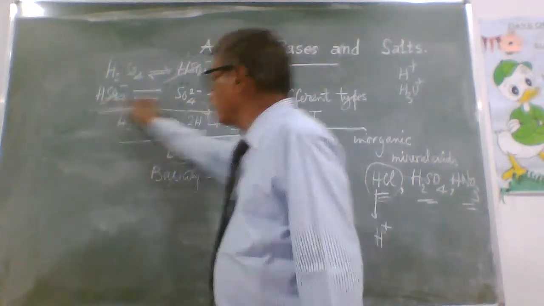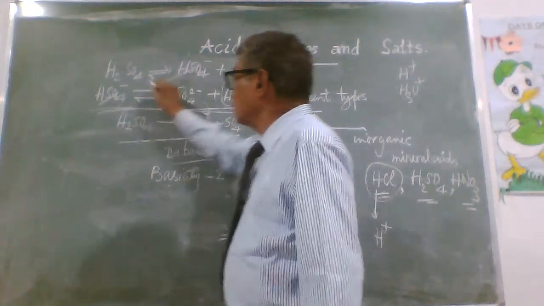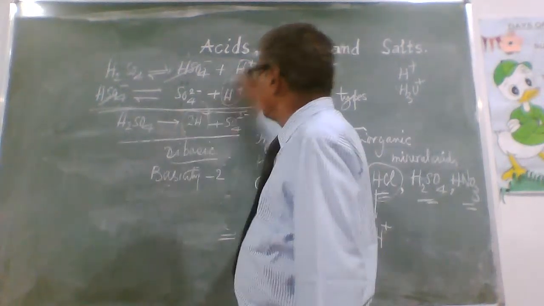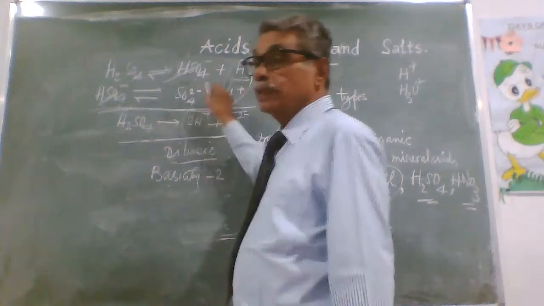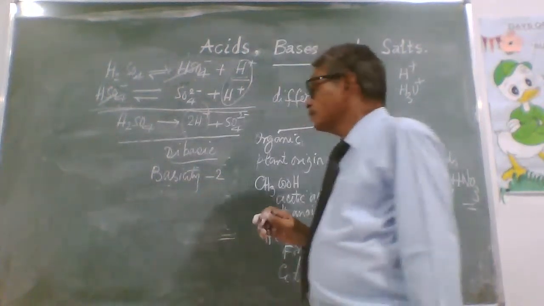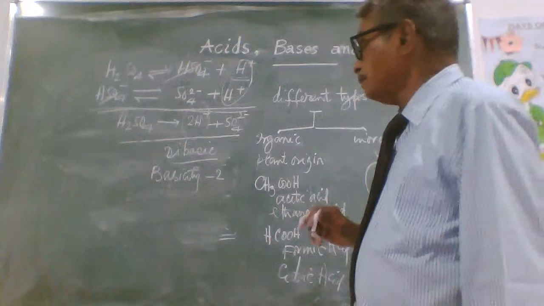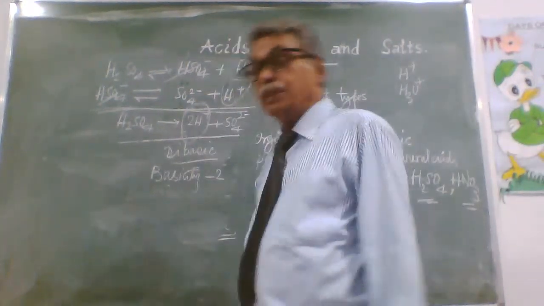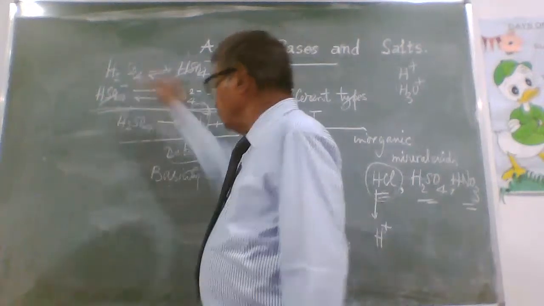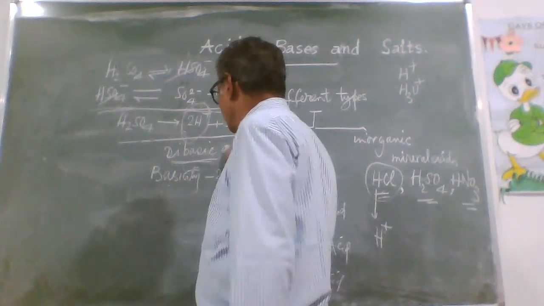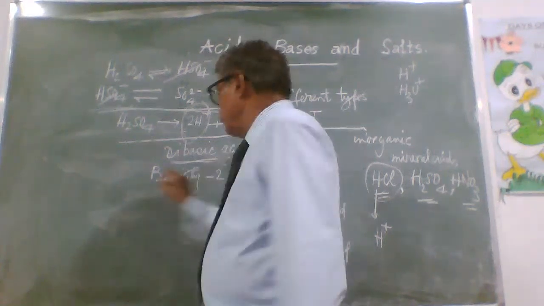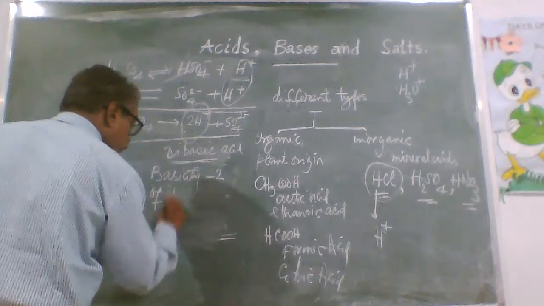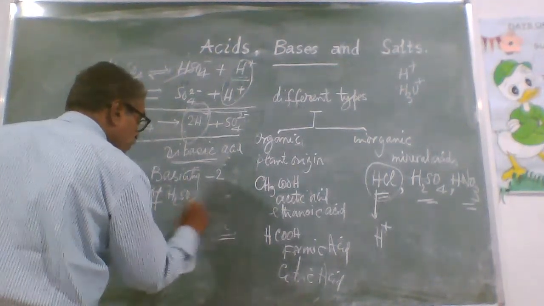The two added together, HSO4 minus cancels, and you get H2SO4 gives 2H plus and SO4 2 minus. Since it is giving 2 hydrogen ions per molecule, it is called a dibasic acid. So the basicity of H2SO4 is 2.